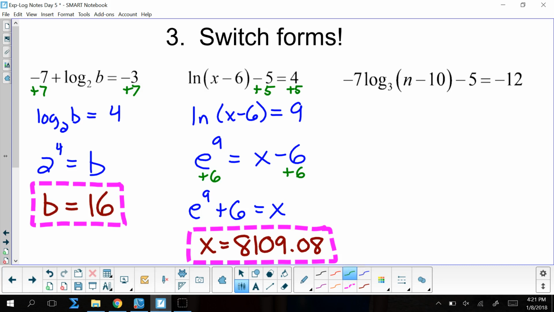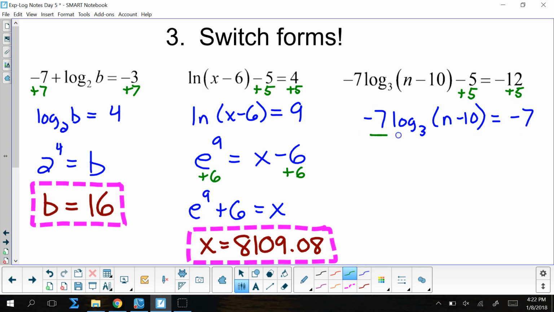On this one, first I'm going to add 5. -7 log base 3 of n minus 10 is going to equal -7. Divide both sides by -7. Log base 3 of n minus 10 is equal to 1.